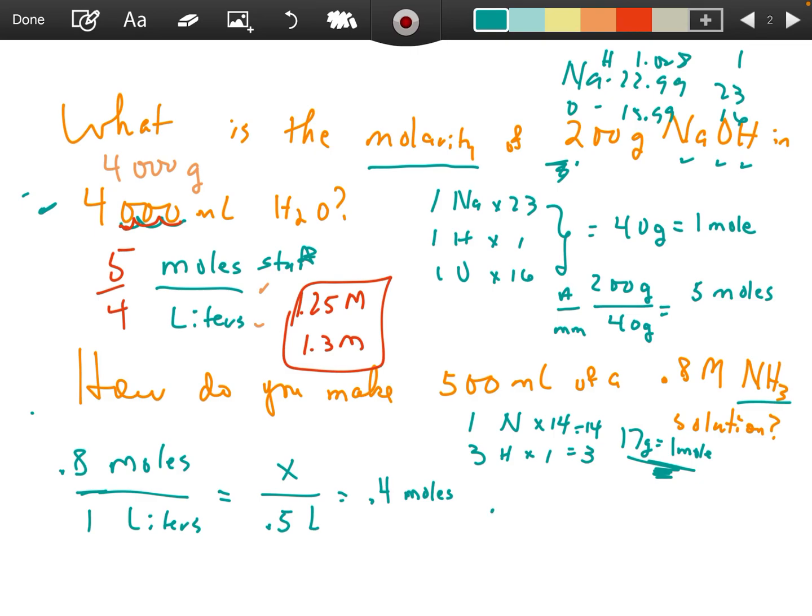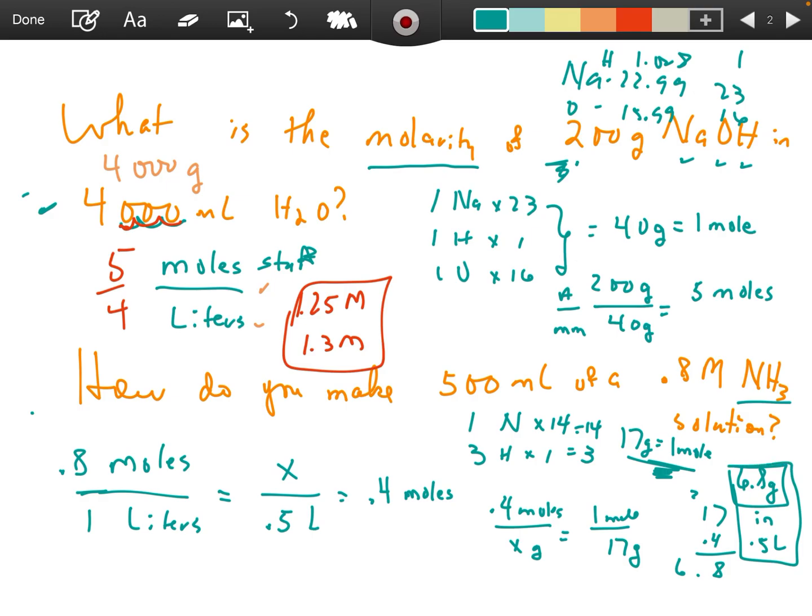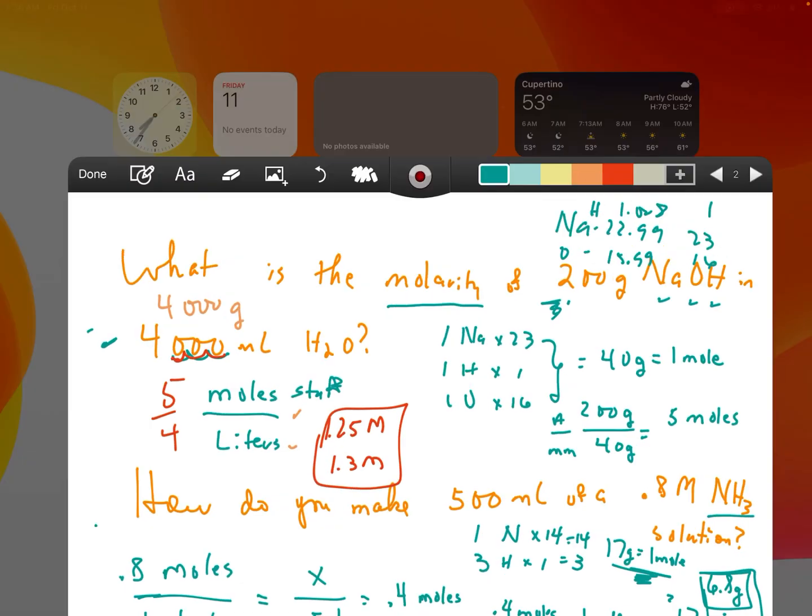You could actually set up a proportion: how many grams is this if 1 mole is 17 grams? But what you're really just doing is multiplying 17 times 0.4, and that's going to be an 8, a 2, and a 6. So that is 6.8 grams in 0.5 liters of water. Practice as needed.